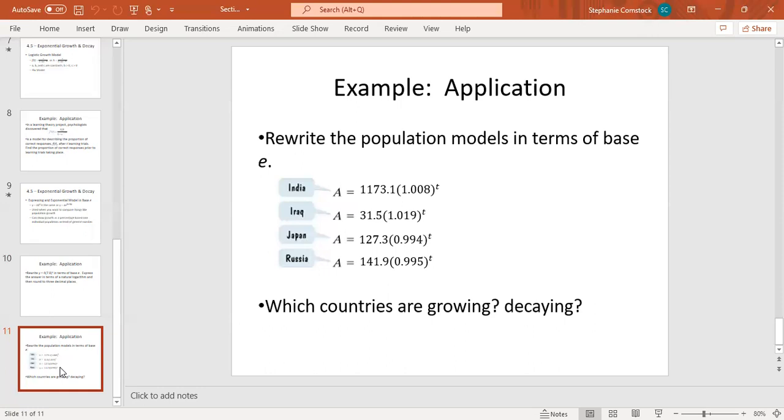I could probably take a gander at which ones are growing or decaying based on my base, but I don't know how quickly or how slowly. Ideally we would like to be able to say that such and such country is growing faster or slower than another country, or which one of the growing ones is growing faster.